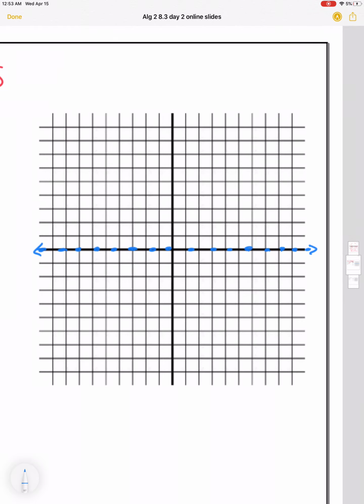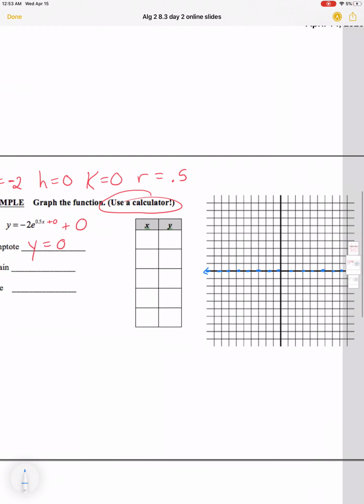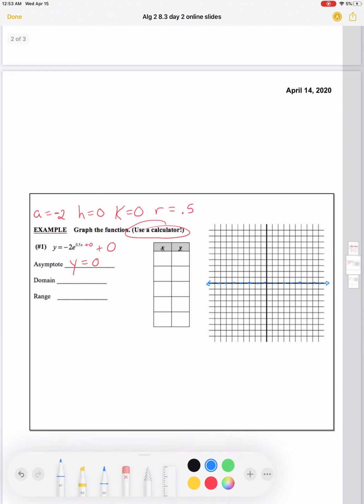The reason I'm making a dashed line is because it's really an imaginary line that our graph will never cross. Okay, the domain is all real numbers, and that's going to be true all the time because x can be anything. And the range, we're going to find out as we graph.